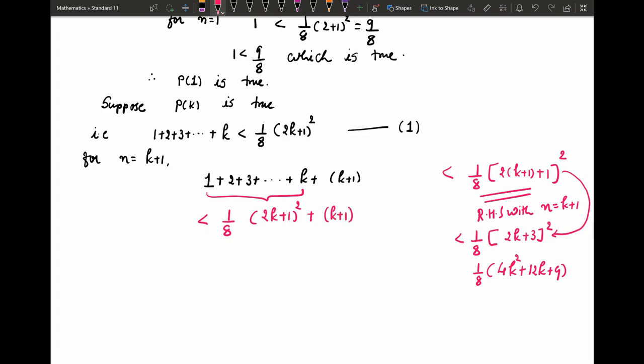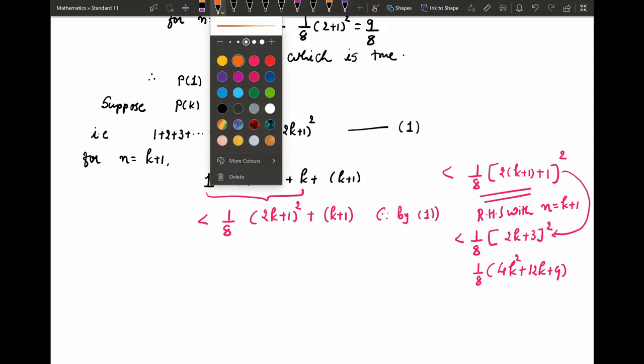Now check this simplification. Here we give the reason by result 1: the sum of the first k natural numbers is less than 1 by 8 into (2k plus 1) whole square, and the remaining k plus 1th term is as it is. Now you note down this simplification.